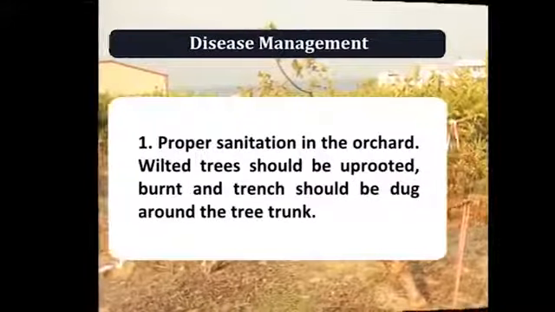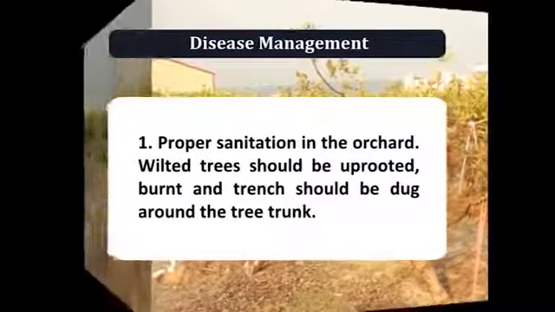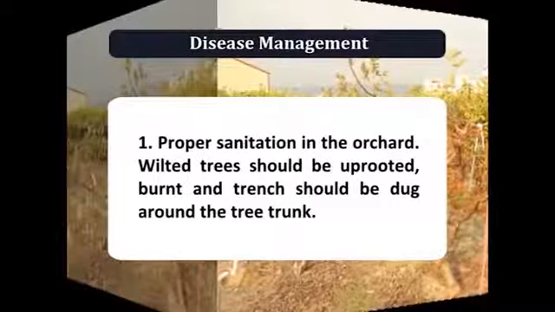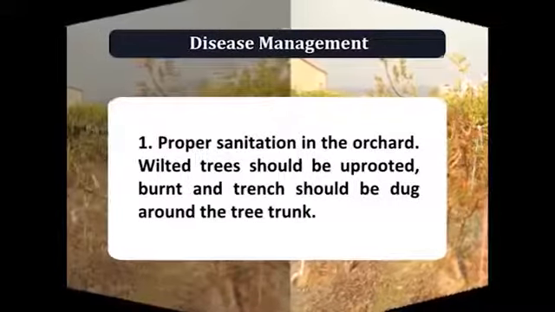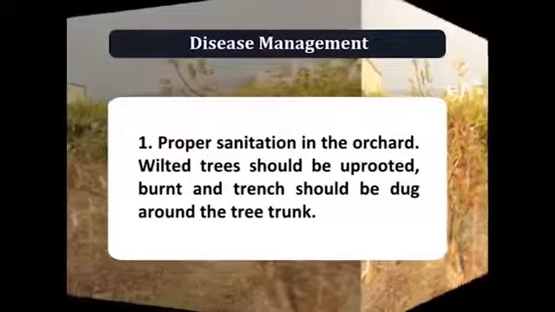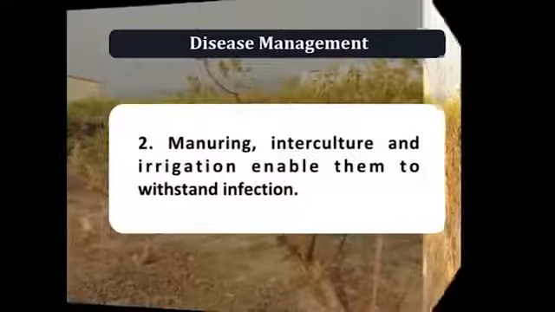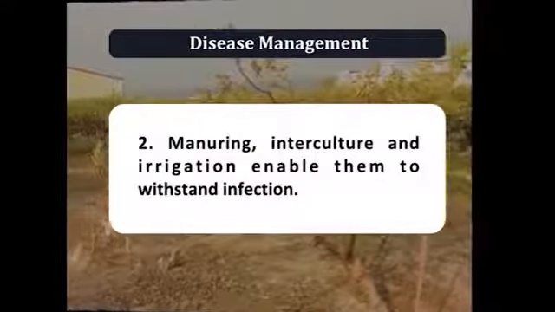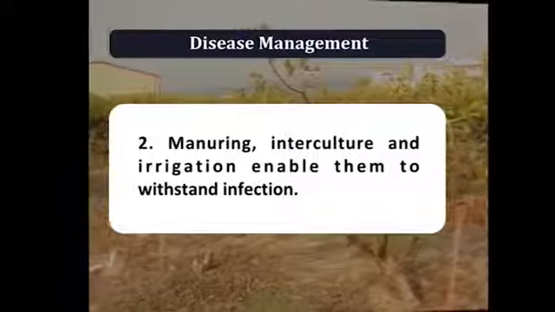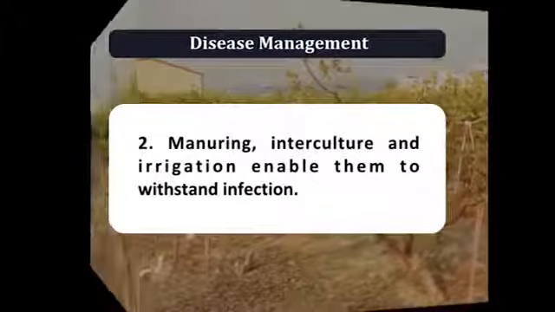Proper sanitation in the orchard. Wilted trees should be uprooted, burnt, and trenches should be dug around the tree trunk. Manuring, interculture and irrigation enable plants to withstand infection.